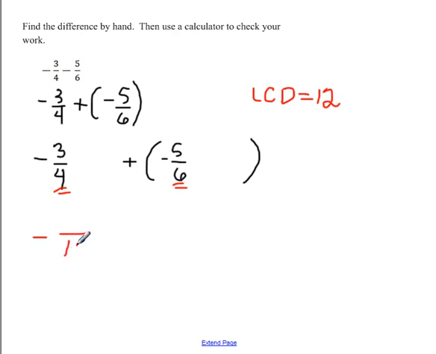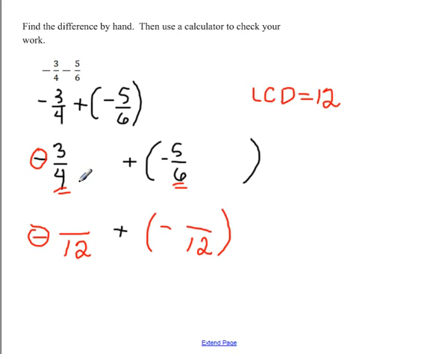Careful not to lose that negative sign, right? The negative sign here stays here, and then we're adding, and again we want to keep track of our negative. I'm just getting everything set up here so my LCD is going to be in place.